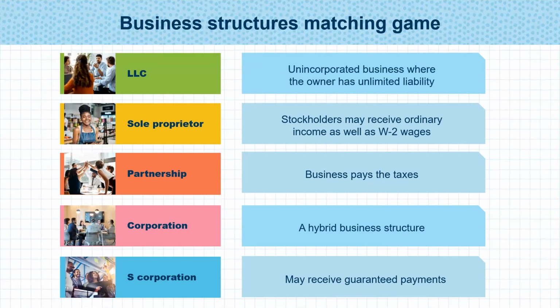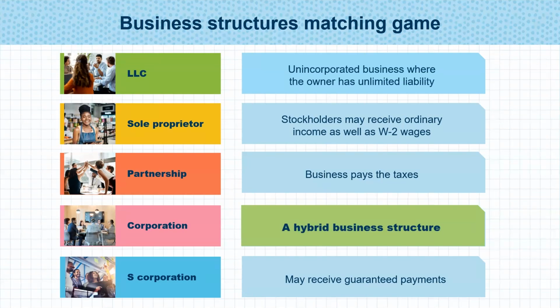Take a moment to check your understanding of business structures. Can you match the business entity to the description that applies? Let's go over them together. An LLC is a hybrid business structure.